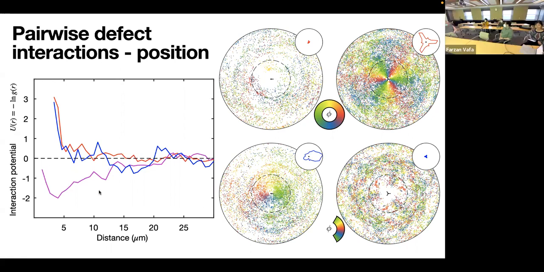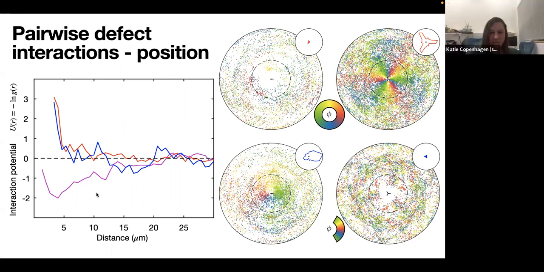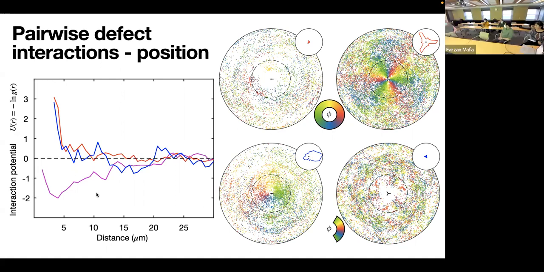Because one would imagine that if the plus and the minus half defect are very close to each other, then the elastic attraction will dominate, and then this attraction potential will be negative, so they'll attract, and that's what will drive annihilation.